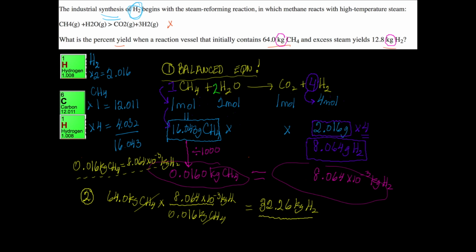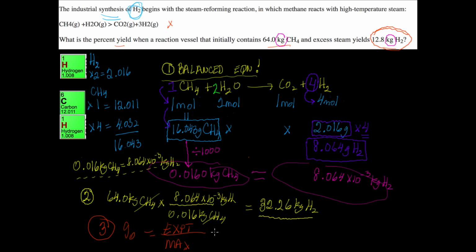Now in this word problem, they've only made 12.8. So this is where you do the percent yield. Your percent yield is what you get in your experiment or at the factory divided by the maximum theoretical yield.